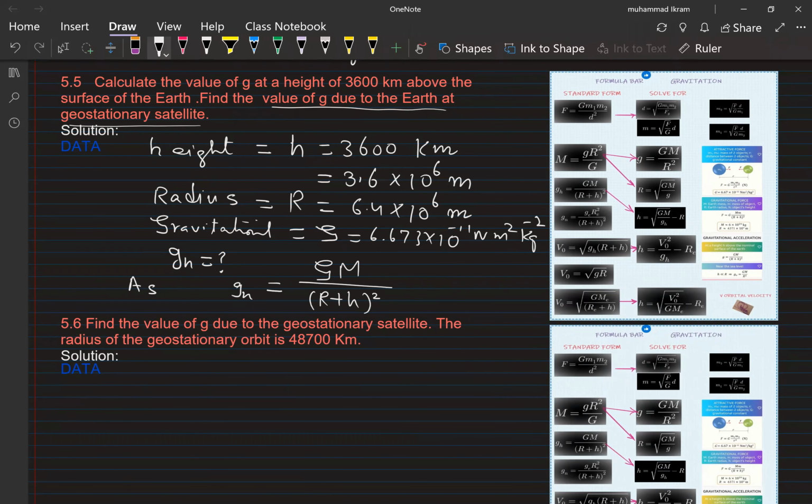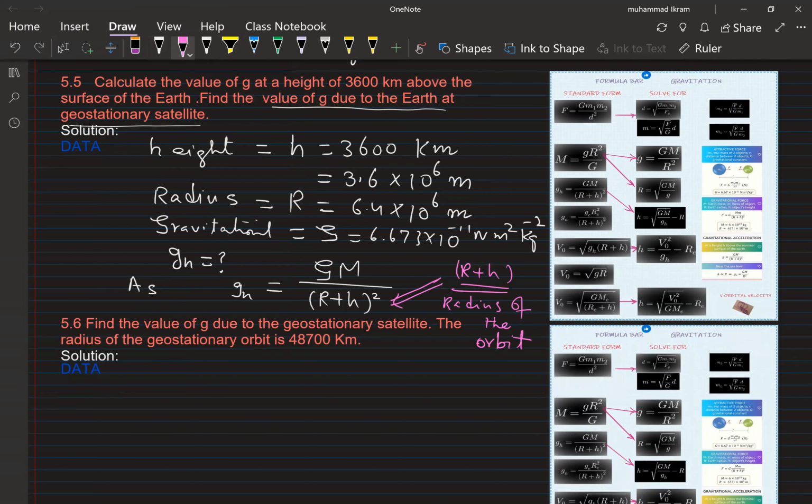The important point here is this value, R plus h combined. This is the orbital radius, the radius of the orbit.